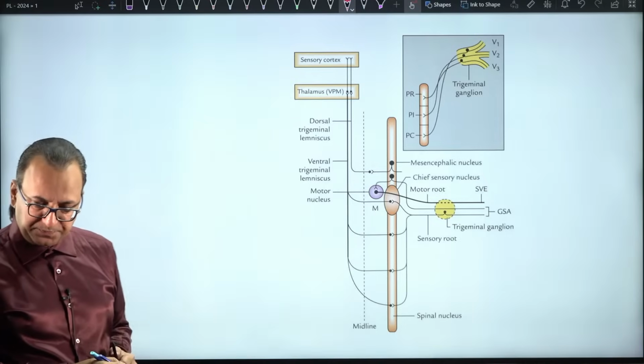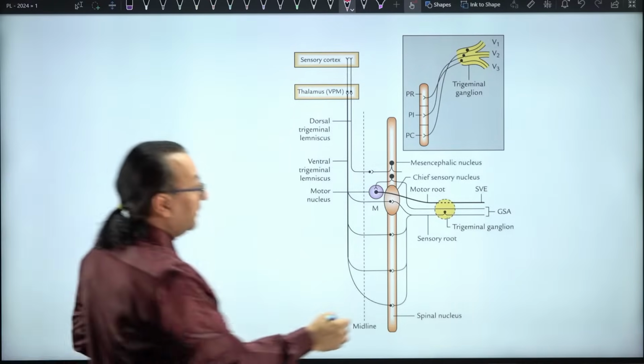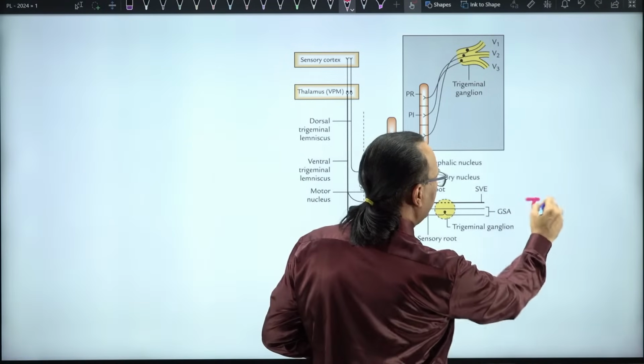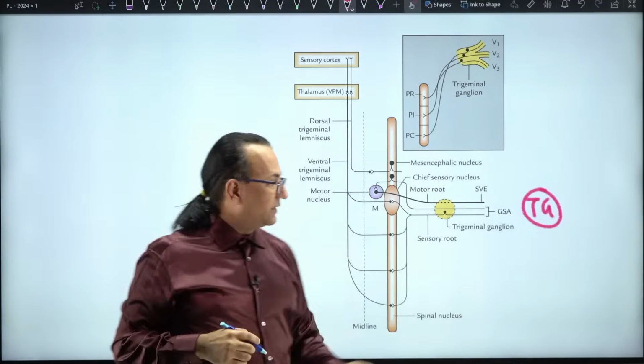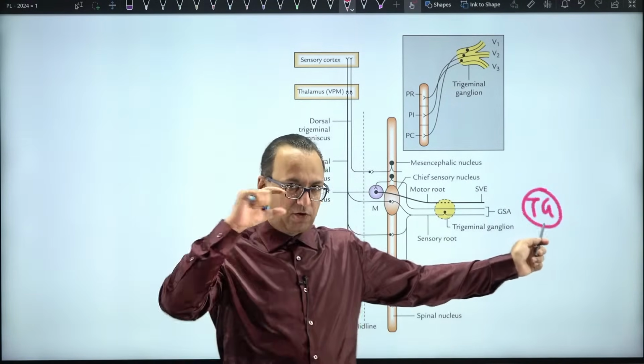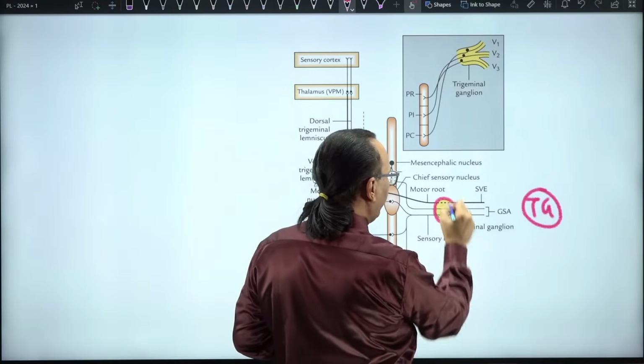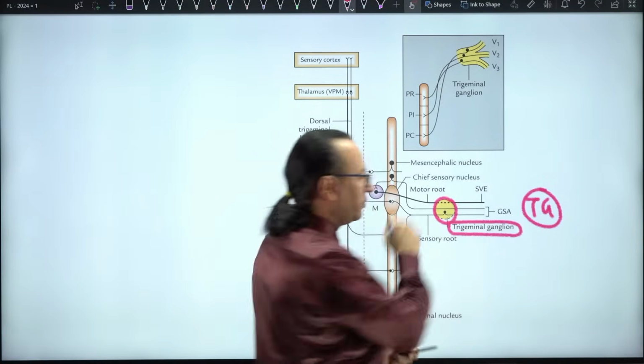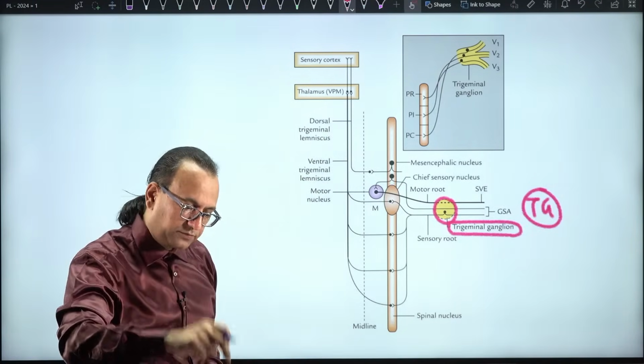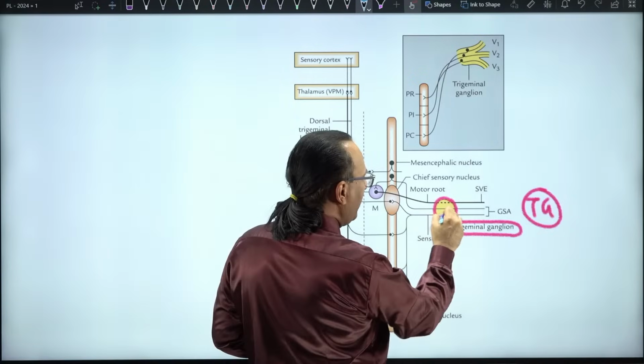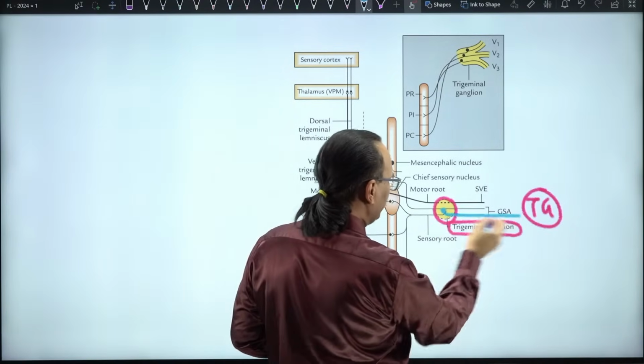You have to understand that the trigeminal nerve has a ganglion, which is the trigeminal ganglion, and in the trigeminal ganglion you will have some neuron bodies, and those neuron bodies bring information from the face region.